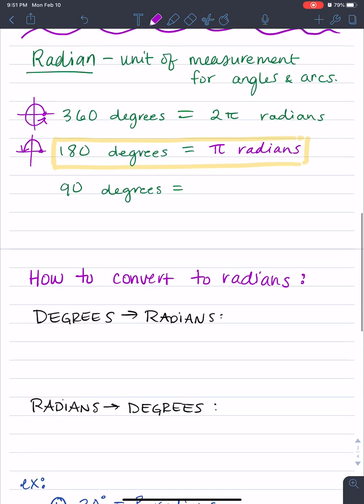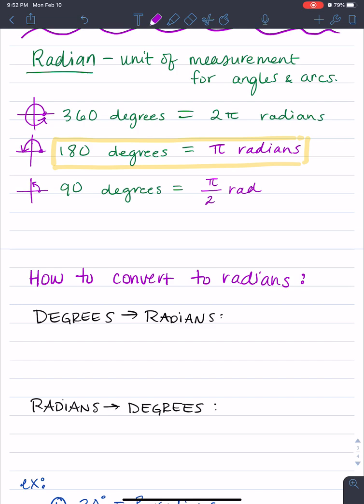Okay. Let's keep going. Let's keep dividing by 2. So I'm going to cut that in half. So starting here, if I go just 90 degrees, which is half of 180, that's going to be 1/2 pi, which I like to write as pi over 2 radians. Okay, by the way, there's no symbol for radians like there is for degrees.